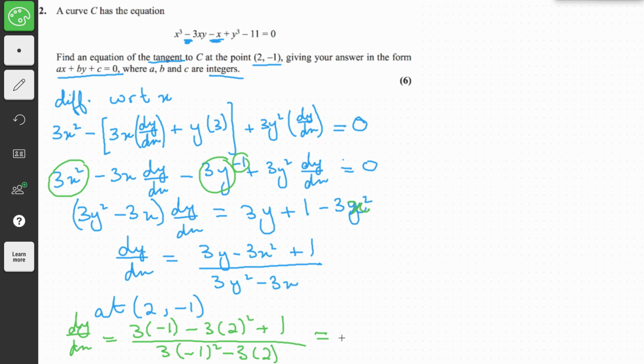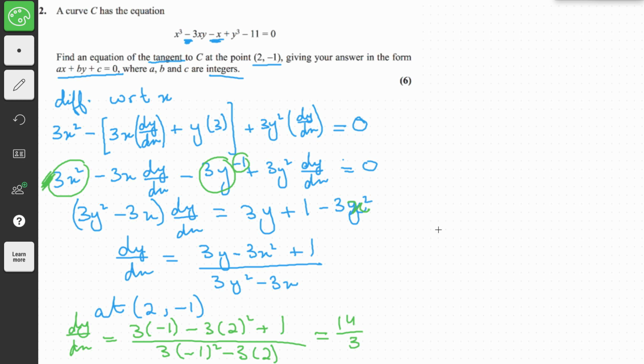And what I get is 14 over 3. Now you can directly substitute the values of 2 and negative 1 after the earlier step as well. So you don't have to make dy/dx the subject, because once you substitute the values in, you can just keep solving and you'll get the value of 14/3. But I prefer it like this. Whatever you find easy, you can do it that way.